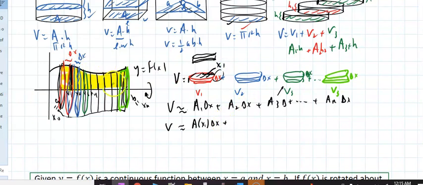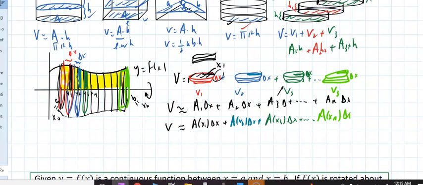Plus the second piece, that radius right there is really that distance right there. That will be a of x sub 2 delta x. And for the third piece, that right there is really that right there. And that's a of x sub 3 delta x. And for the last piece, that right there is that radius, which is a of x sub n delta x.